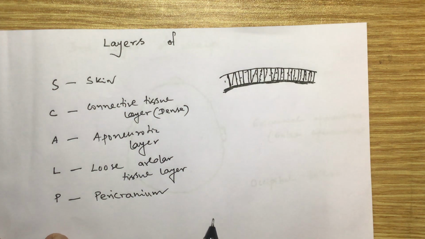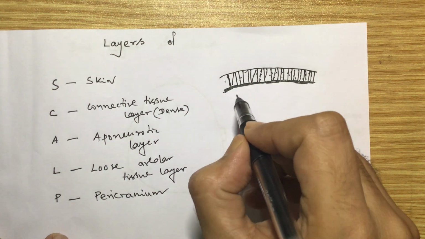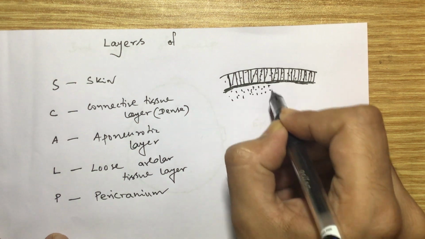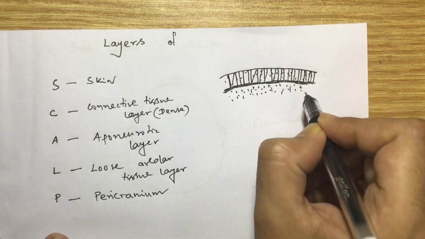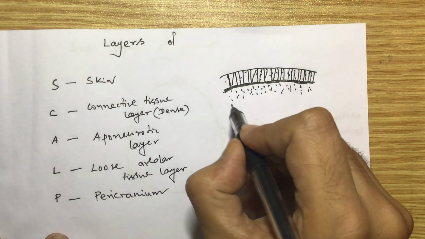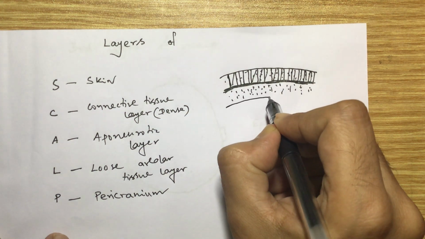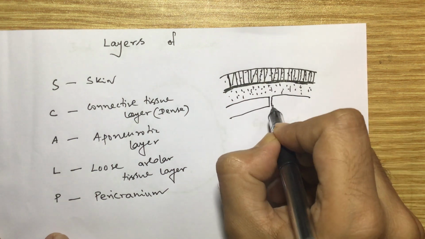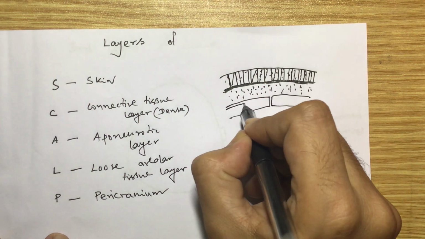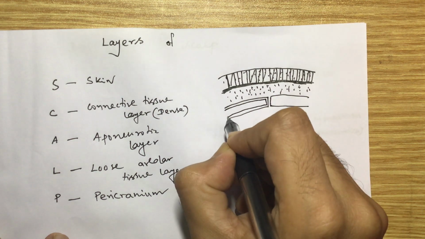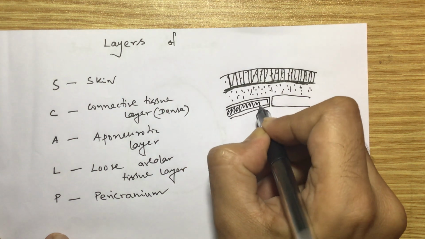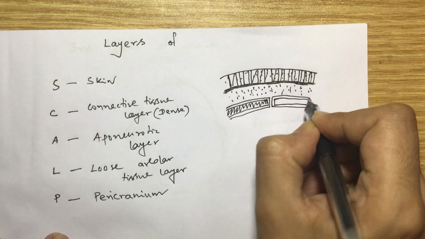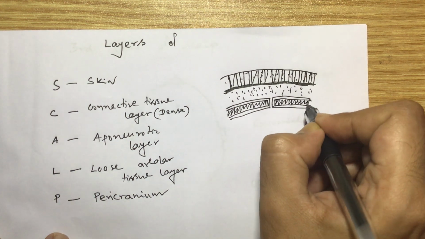Below the aponeurotic layer, there is the loose areolar tissue layer, that is the fourth layer. And below this, there is pericranium. This pericranium is nothing but the periosteum, the outer periosteum of the skull bones.